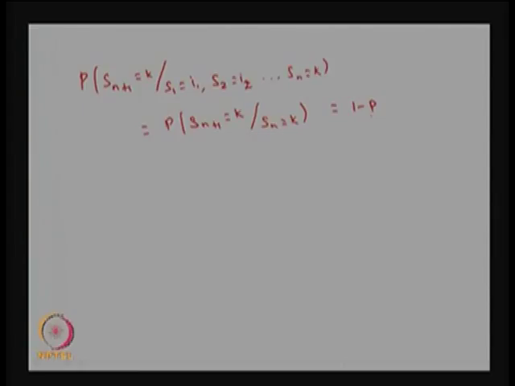That means the distribution of the n plus 1th trial, given that I know the values till the nth trial, is same as the distribution of the n plus 1th trial given only the nth trial, not the earlier ones. And this property is called a memoryless property.